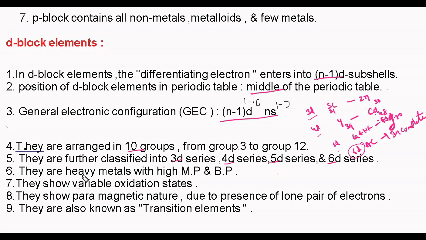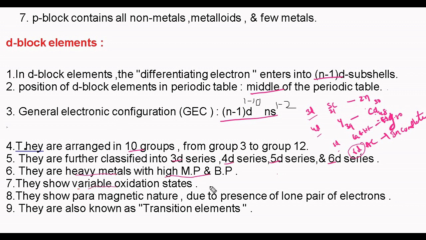These d block elements are heavy metals, and they also have high melting and boiling points. Compared to the s block elements, which are metals, in d block elements all are heavy metals with high melting and boiling points. The d block elements show variable oxidation states. Variable means different oxidation states.